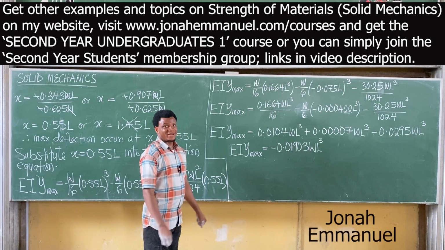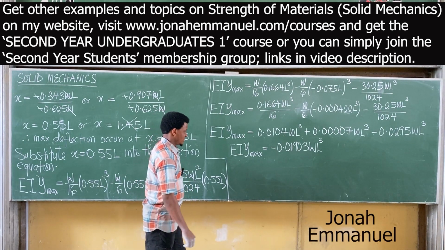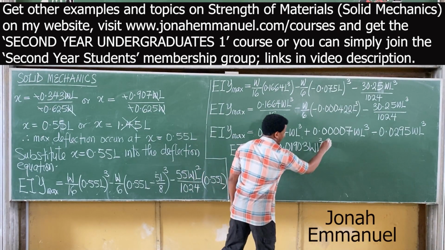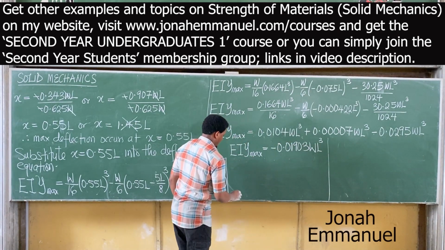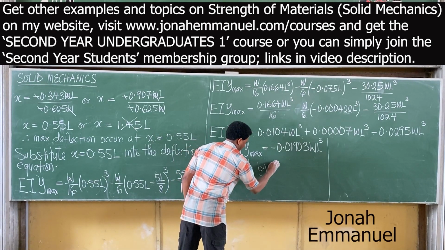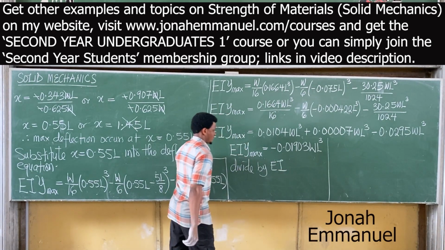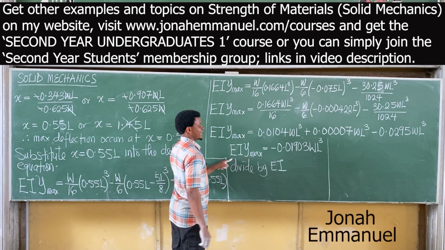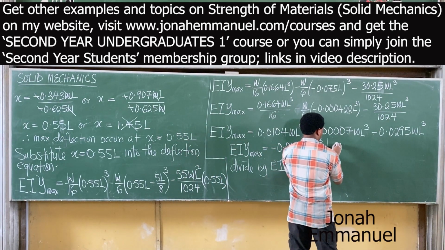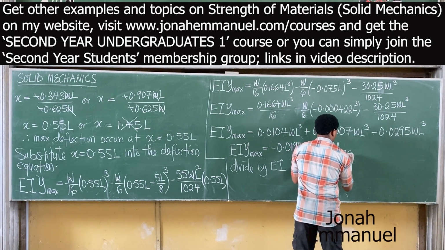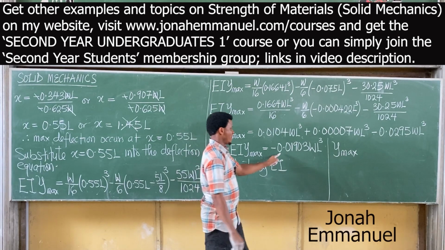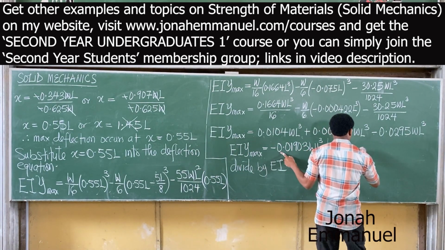How do you get Y max? What do you do? Divide both sides by what there? EI. Right? Divide by EI. So if you divide it by EI, it goes off, right? It becomes Y max. So please divide here by EI to cancel this. Y max will now be equal to what there?